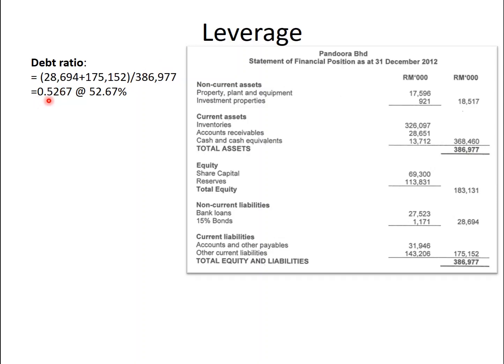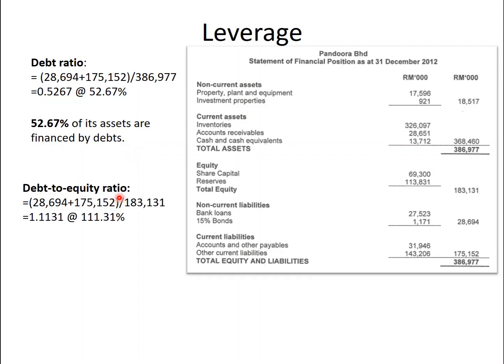Then we get 0.5267. Normally we represent it in percentage, so we multiply by 100 and get 52.67%, which indicates 52.67% of its assets are financed by debts.